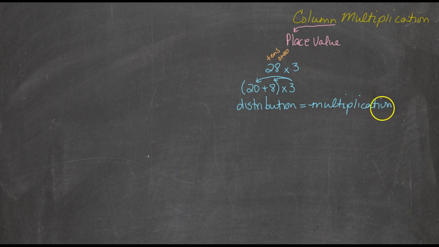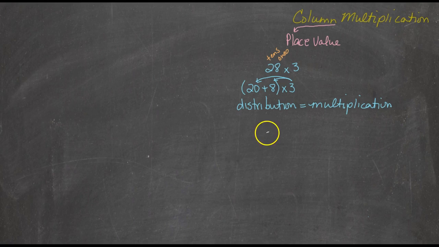So before we start working with distribution forms of multiplication later, we want to make sure that we're already good at column multiplication. Just like here, where I have these arrows to help keep me organized as I multiply through the 28, which has a tens place and a ones place, by 3, column multiplication is another way of organizing a number based on its value.